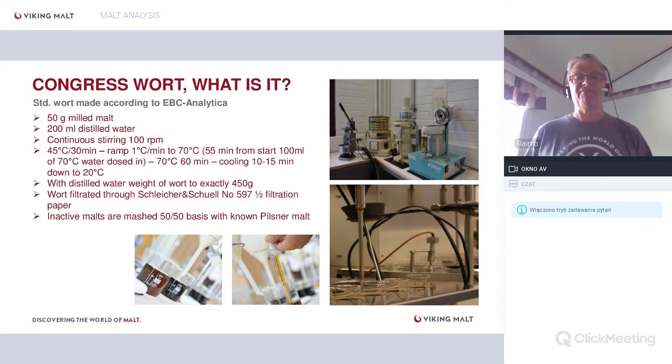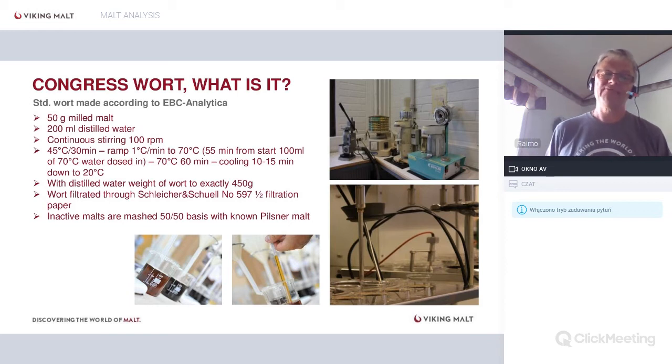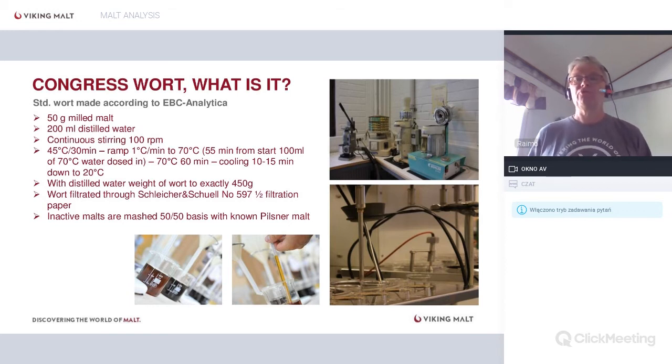So we take 50 grams of milled malt, 200 ml distilled water, and then we have stirring with a certain type of system, and there is this mashing program, and we go through the program, and it ends in a cooling session, and then we use distilled water to make the weight exactly 450 grams.